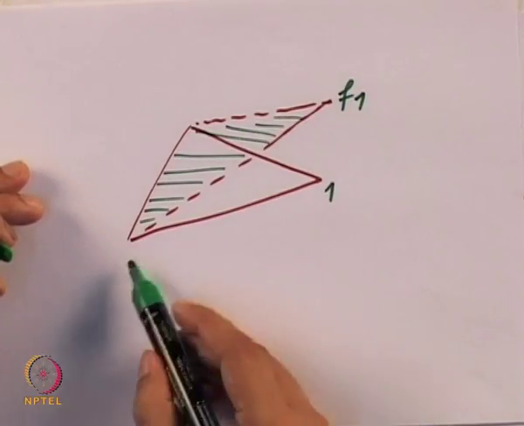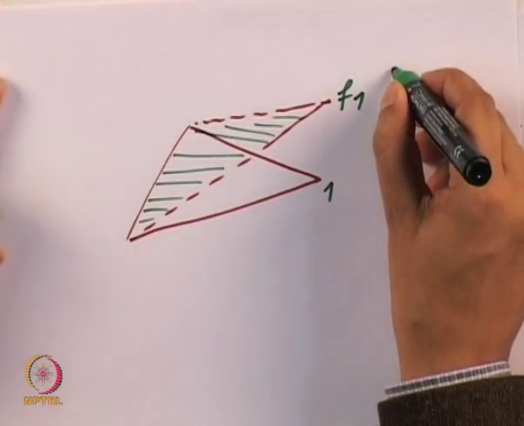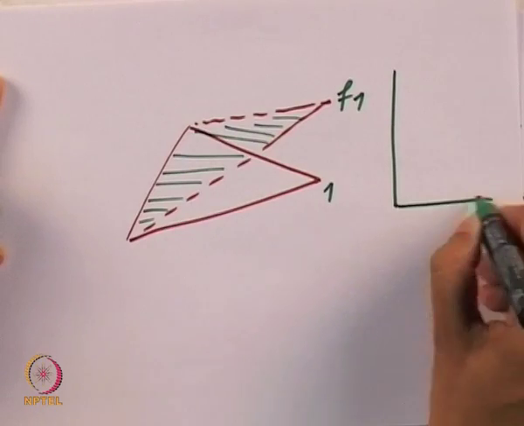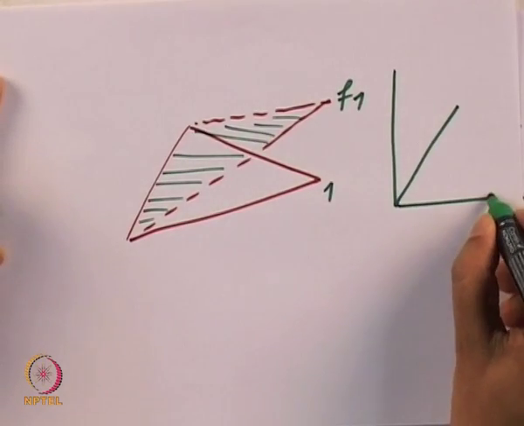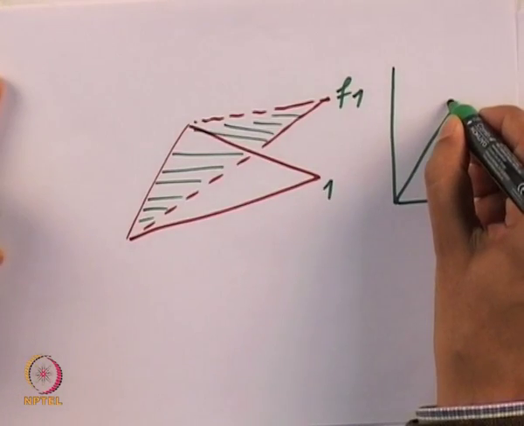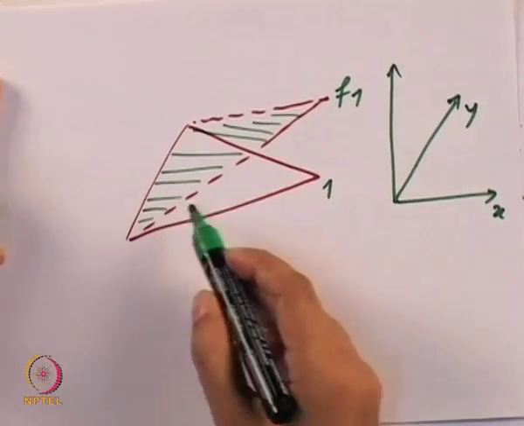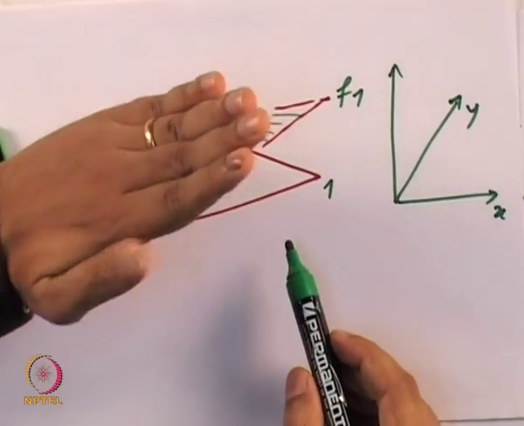The f1 will have maximum value. So if this is 2 dimensions, this is the x direction and this is the y direction. What you see is the value of f1 is like a slope like this.